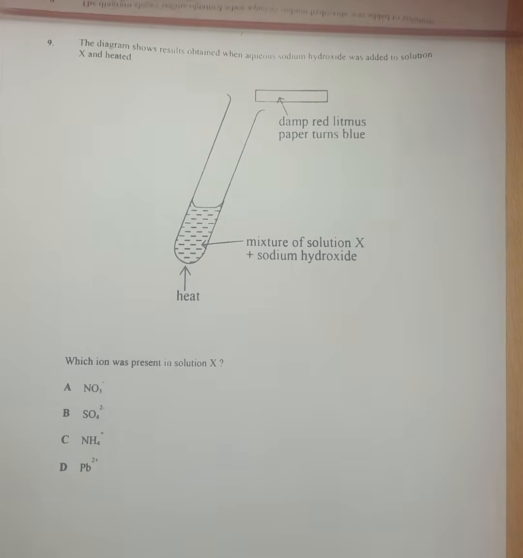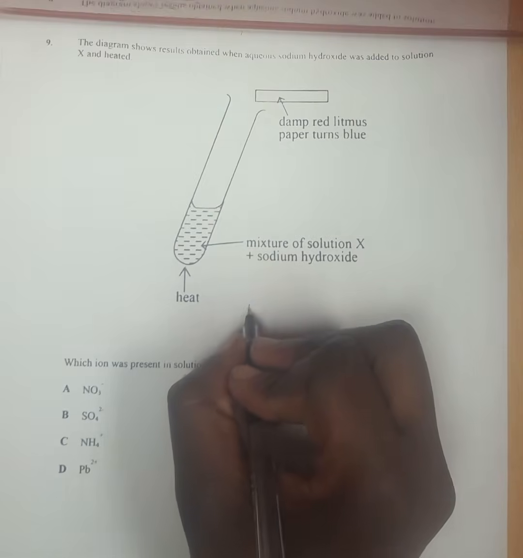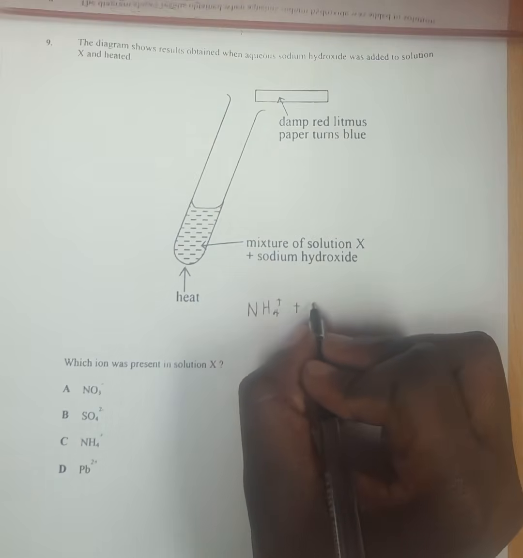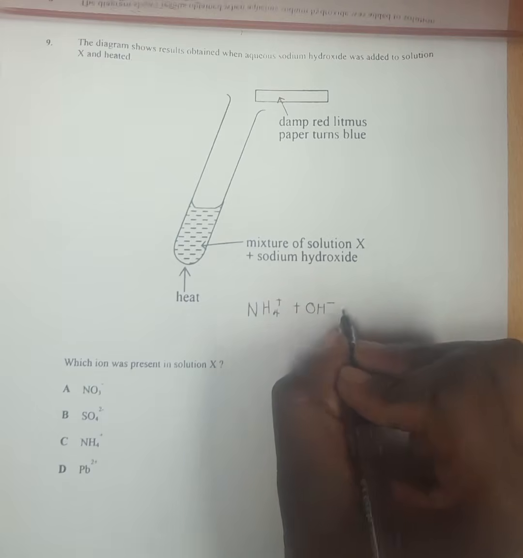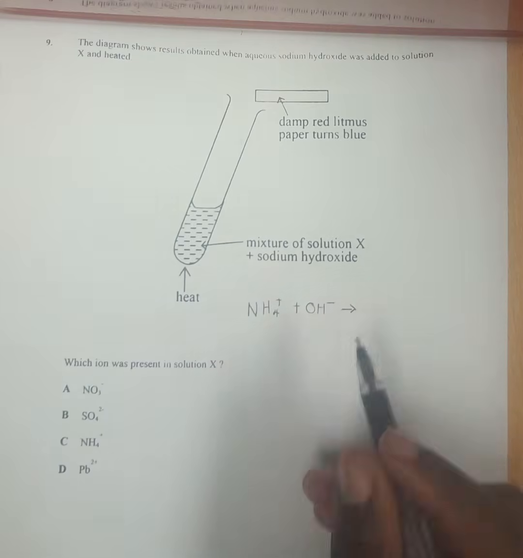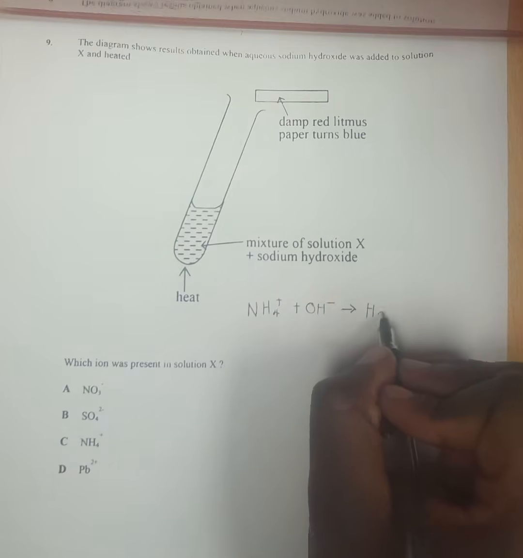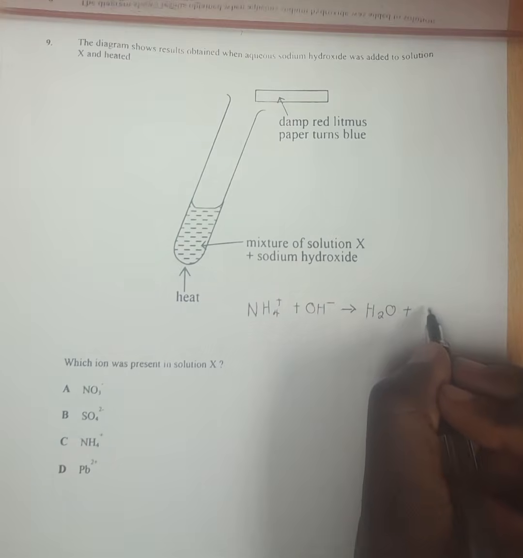So first I'm going to write an equation for reaction of ammonium plus hydroxide. So if we react ammonium plus hydroxide, we are going to have water plus ammonia.